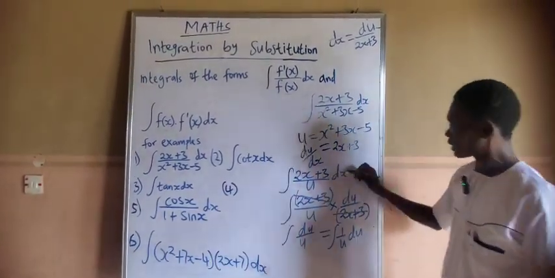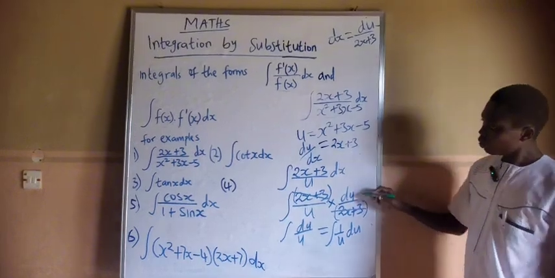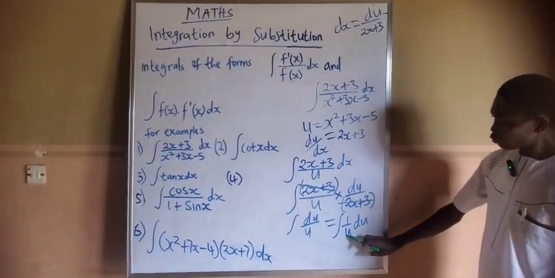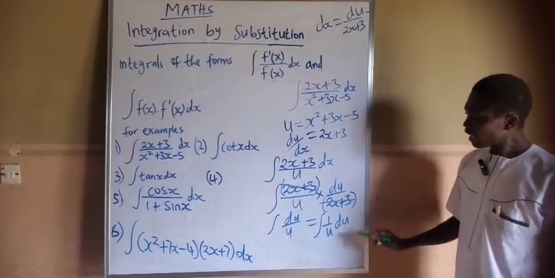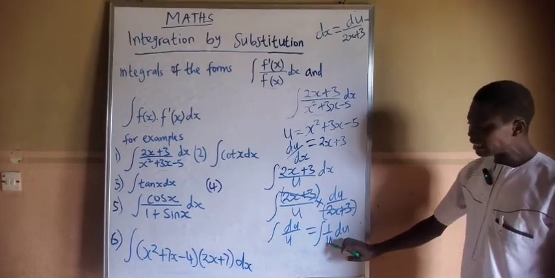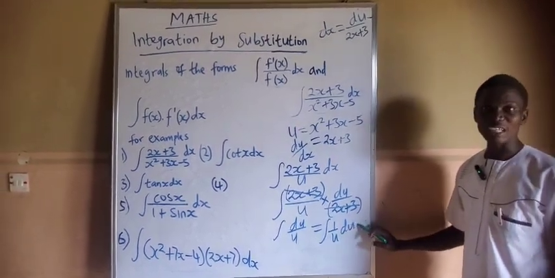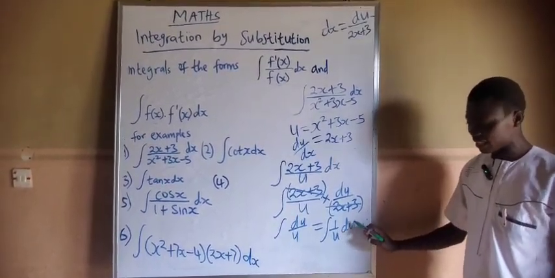The reason I changed this is because now you have u and you have the u. You can integrate u with respect to x because u is different from x.